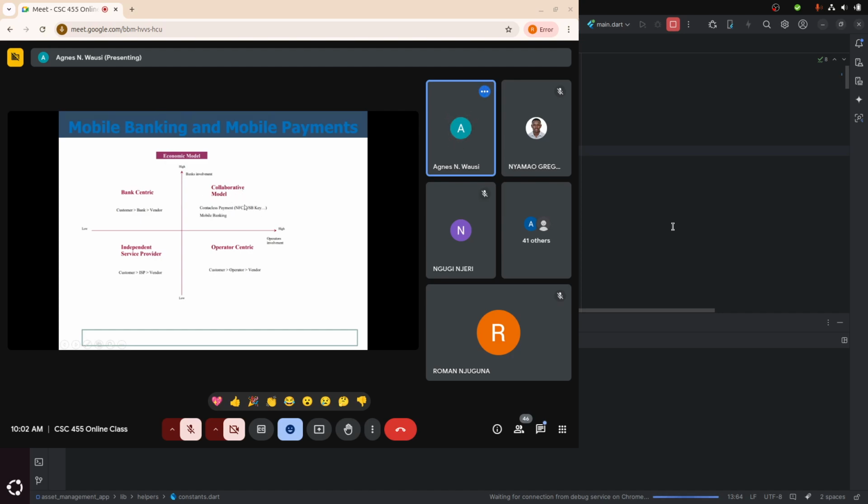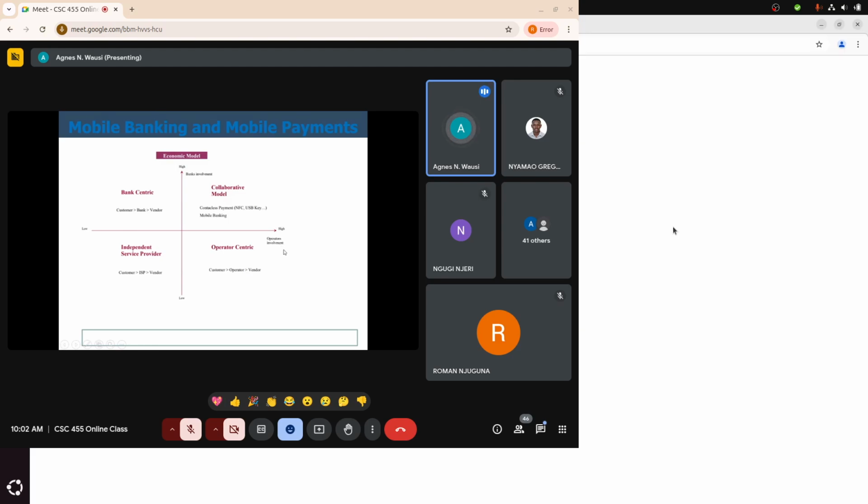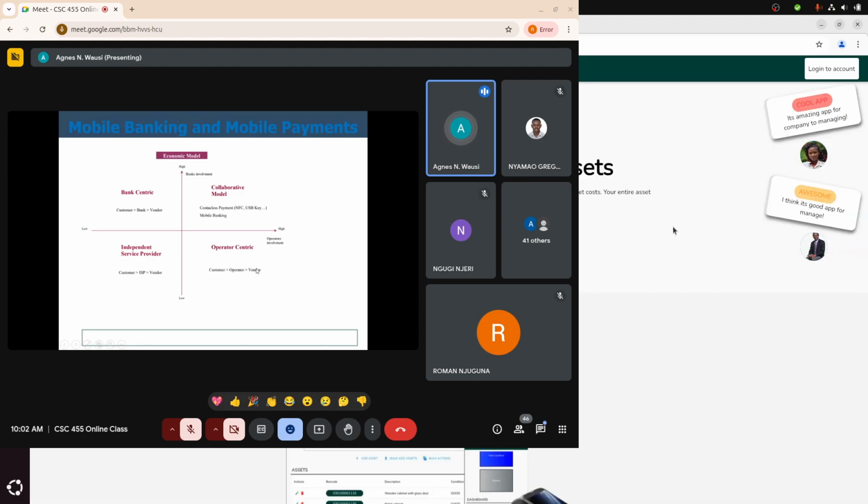Yeah, you are here, mobile banking. But on the other side, if it is very low and low, you are actually more of the customer going to the service provider and then getting to the vendor. And then you have this other operator-centric where the involvement of the mobile money operators is very high. So you have the customer, the operator, and the vendor.